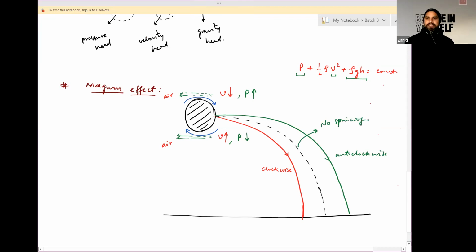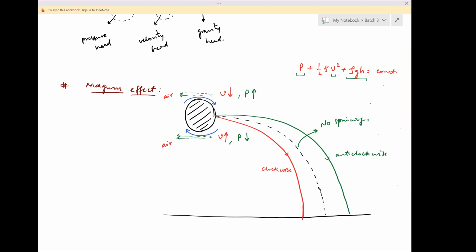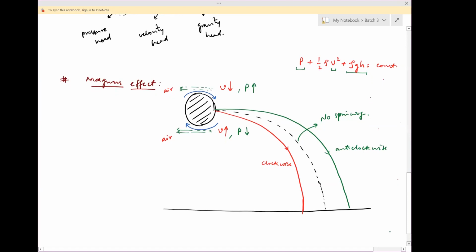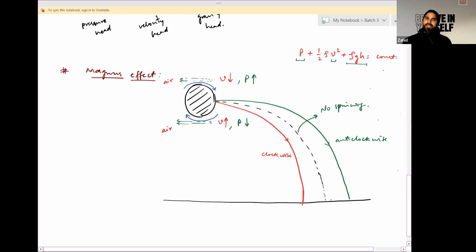This effect is based on Bernoulli's principle. It is also called the Magnus effect. Any doubt? No, sir. Okay, just write it down. From this, you will be asked to define only clockwise spinning and anti-clockwise spinning. That's it.